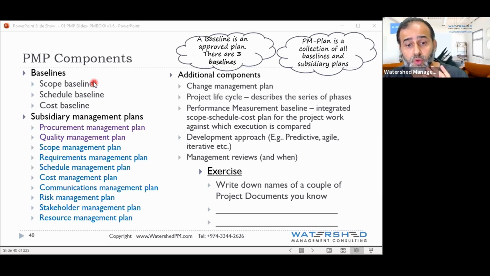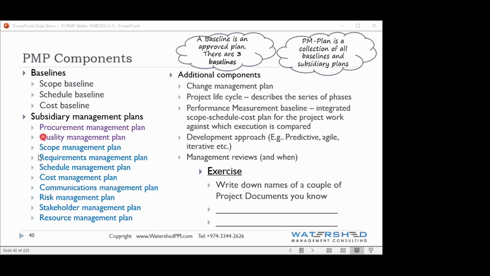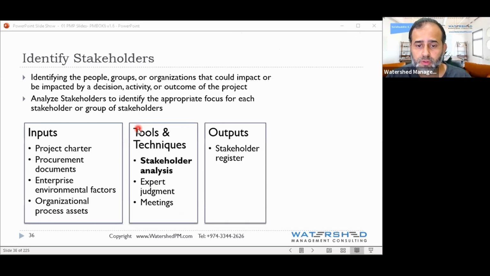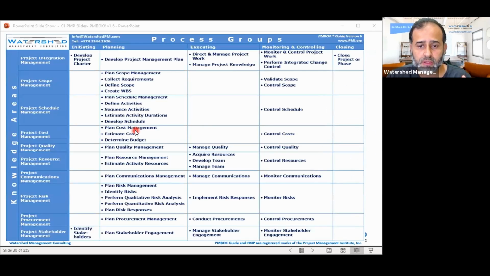Actually, it's better to do your scope baseline as early as you can, because it freezes your scope. But don't do your schedule and cost baseline, especially cost, until you have done all the other planning processes.